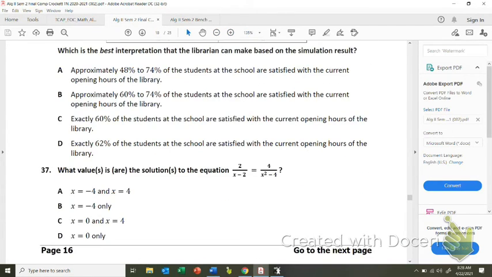What kind of multiplication do we do here? There's an equal sign in the middle, so we cross multiply.